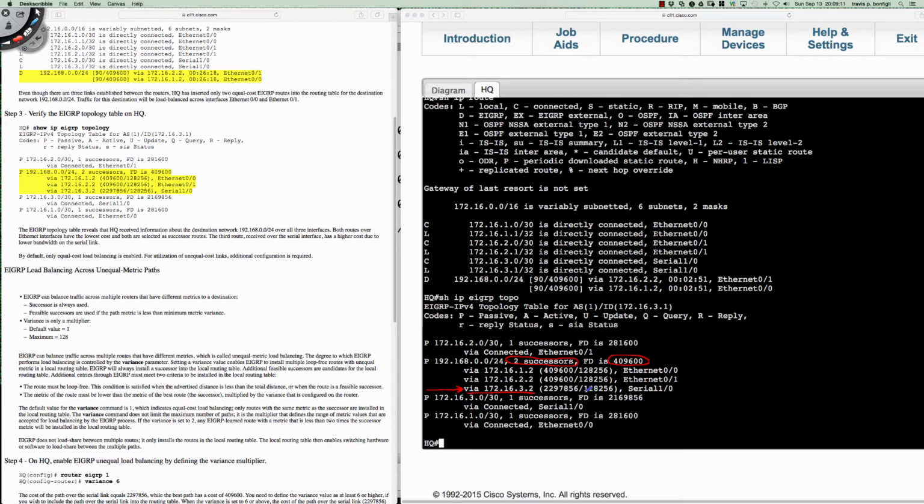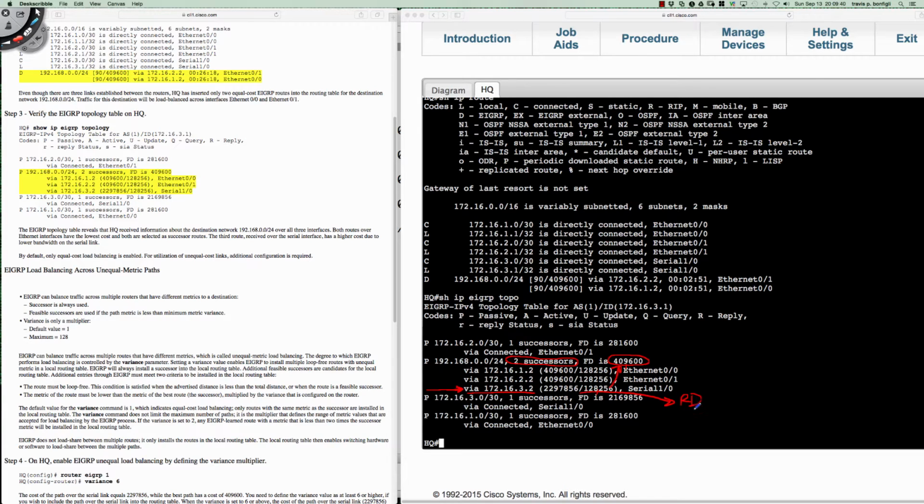When we take a look at the reported distance, the RD, of this candidate right here, and we compare that to the feasible distance of the current successor, we can see that the feasible distance is currently 409,600. The reported distance of this candidate is 128,256.